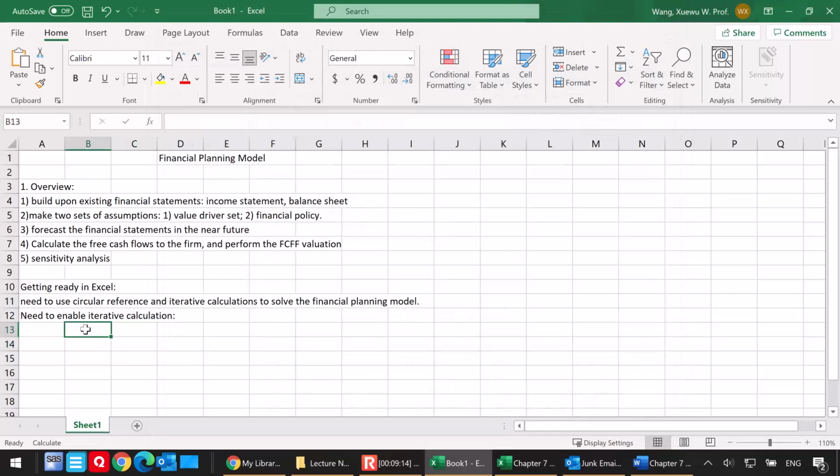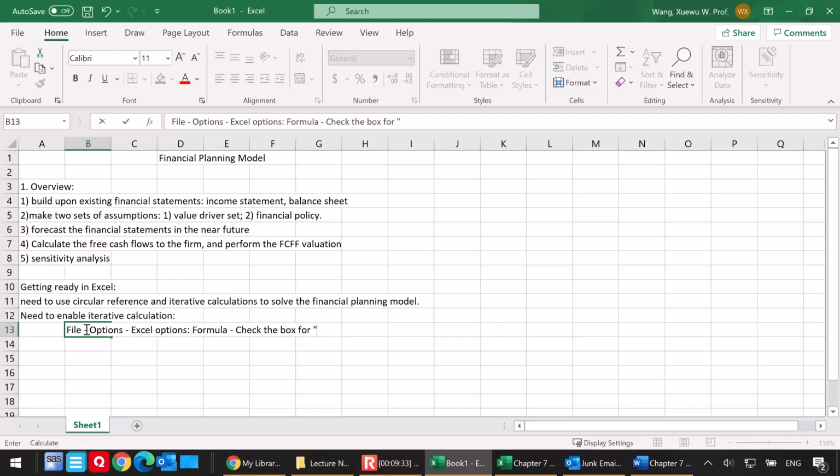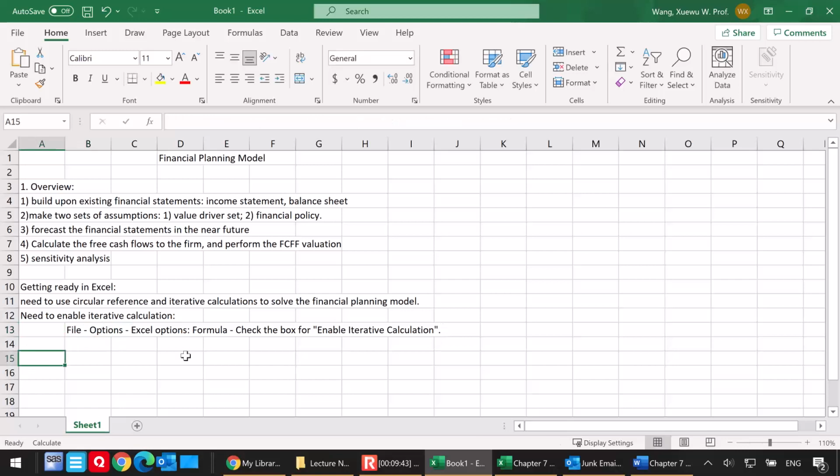Let me recap what I did: File, Options, Excel Options, Formulas, and check the box for Enable iterative calculation. In case you forget how to do that, I have this explanation here. All right, so let's look at the existing financial statements.